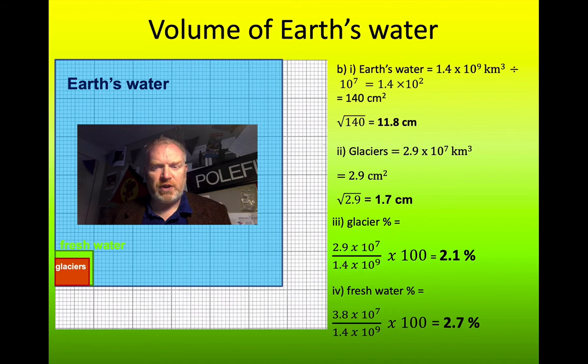All the fresh water added together is 3.8 times 10 to the 7. Divide that by the total amount of Earth's water, multiply by 100. All the fresh water together, which includes the glaciers, is 2.7%. So only 0.6% of the Earth's water is actually fresh and available to us.